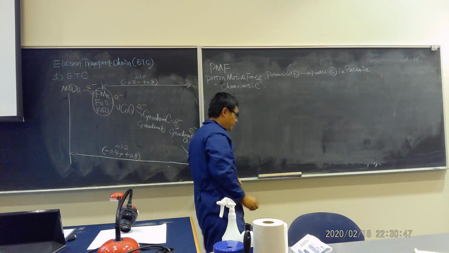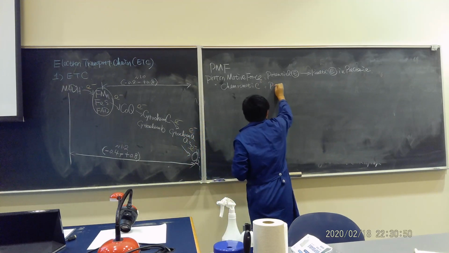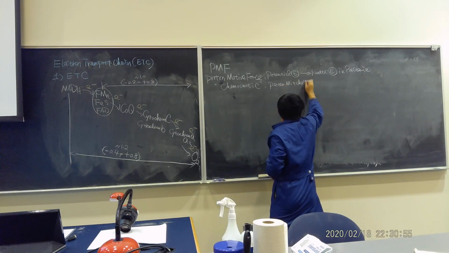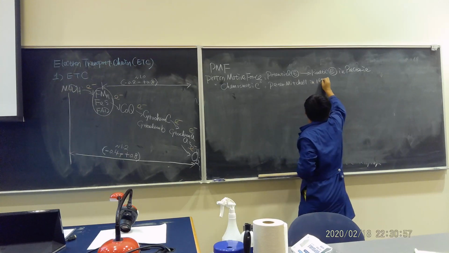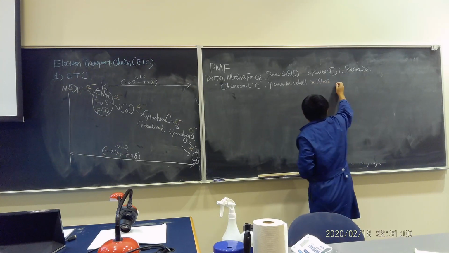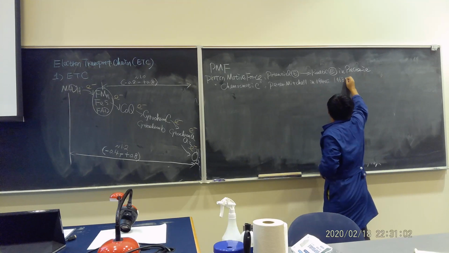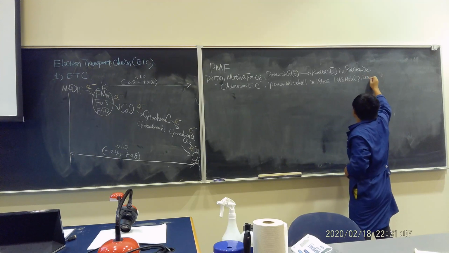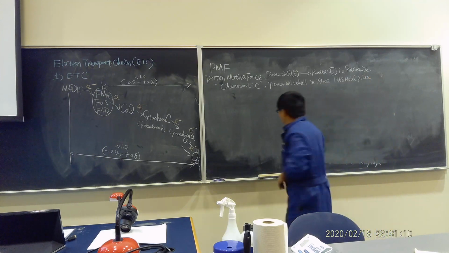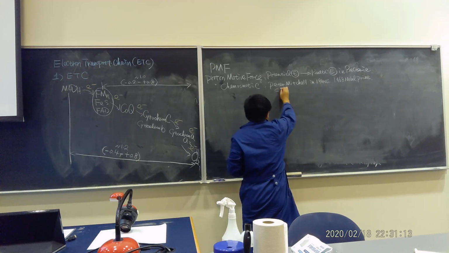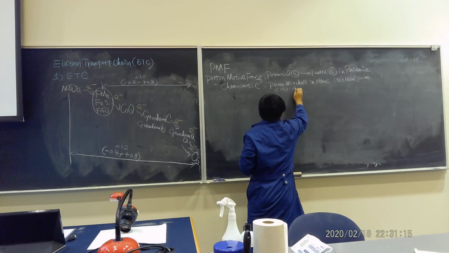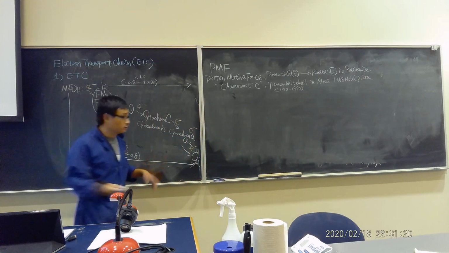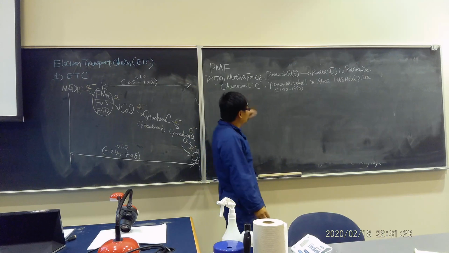This theory was created by a British scientist, Peter Mitchell, around the 1940s, and it won the 1968 Nobel Prize. So it's a big contribution to the scientific area. This guy lived probably from 1912 to 1992, around 80 years, a pretty long life for the old times. So what does this theory talk about?